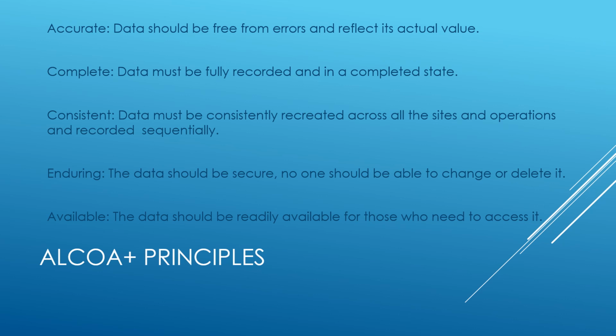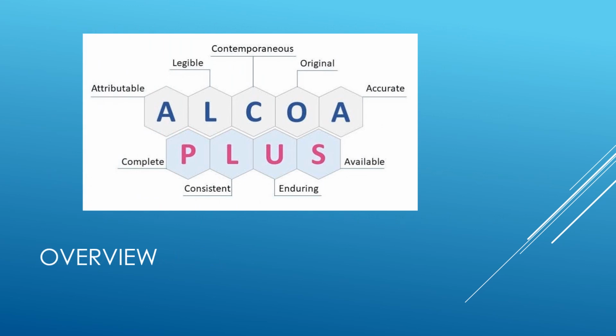So let us have an overlook of this ALCOA principle. So here comes the ALCOA principle once again. So it is ALCOA plus, meaning A for attributable, L for legible, C for contemporaneous, O for original, A for accurate.